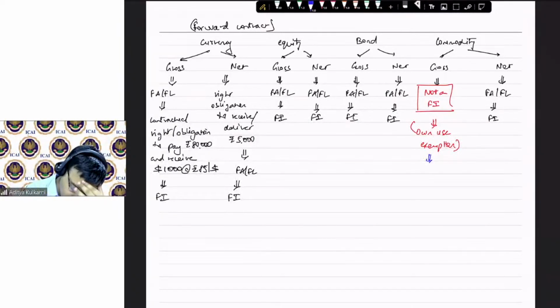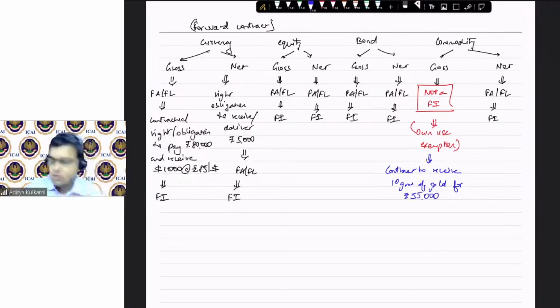No, look at the contract. It is a contract to receive 10 grams of gold for rupees 55,000. So now I will explain that. Don't you think that 55,000 should be a financial liability?